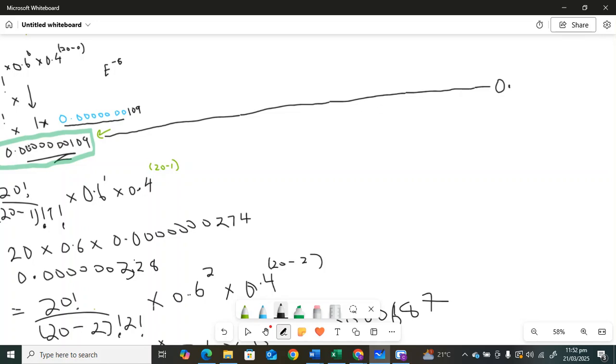1, 2, 3, 4, 5, 6, 7, 1, 0, 9. So we're adding the probabilities. This is how many? 1, 2, 3, 4, 5, 6, 7 again.